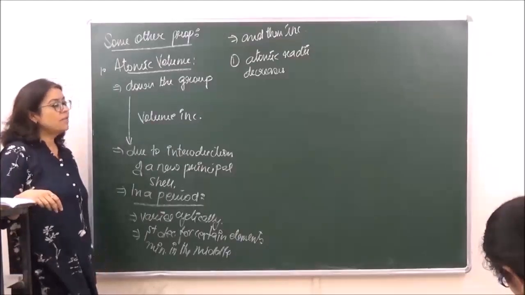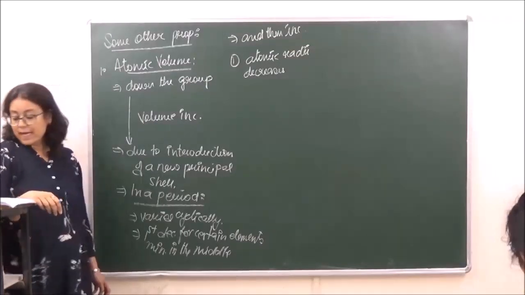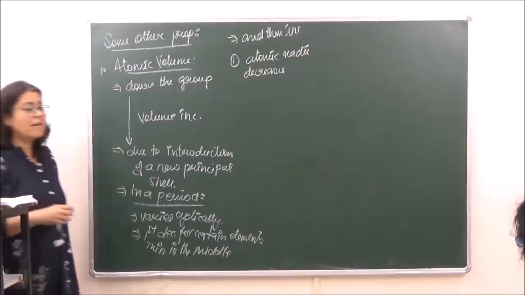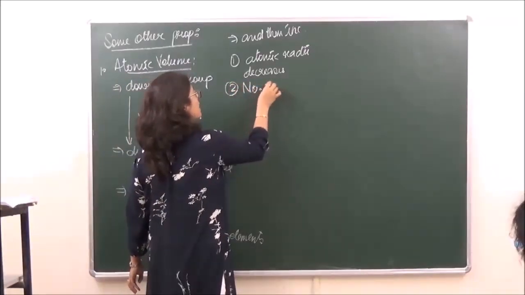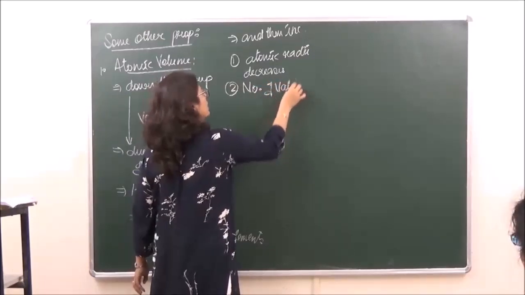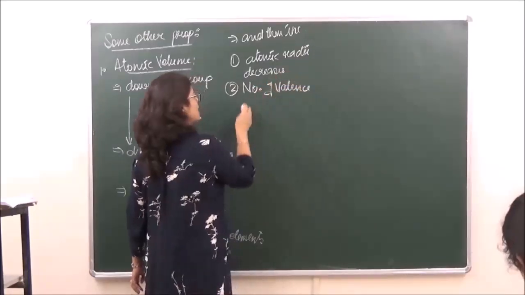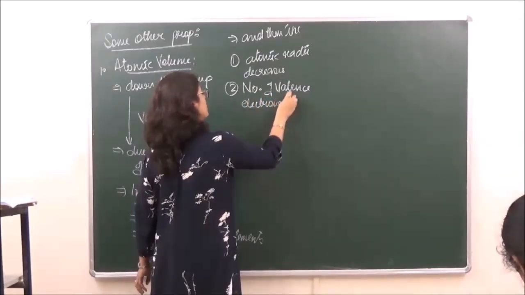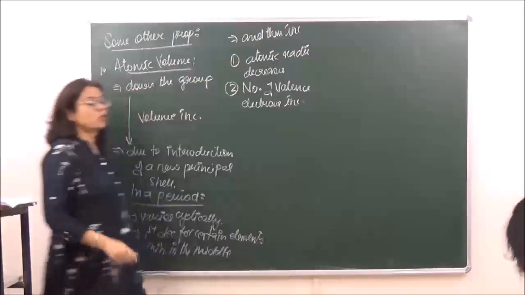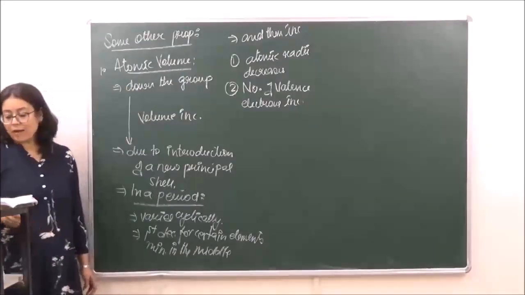Because of increase in nuclear charge. ठीक है? And second, the number of valence electrons increases. As we are going along the period, the number of valence electrons also increases. So these are the two factors.